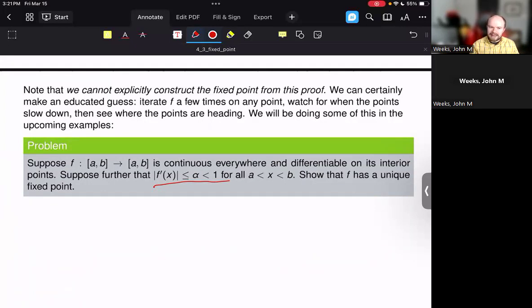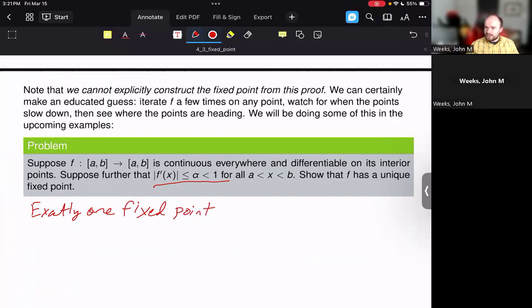Let's show that f has a unique fixed point. A few ways to do this. Unique fixed point would mean what? That there needs to be exactly one fixed point. So we're going to need to show it has at least one, and then show that it has at most one, that it cannot have two.